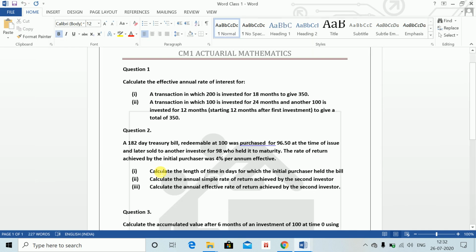The next part of the question says calculate the annual simple rate of return achieved by the second investor.